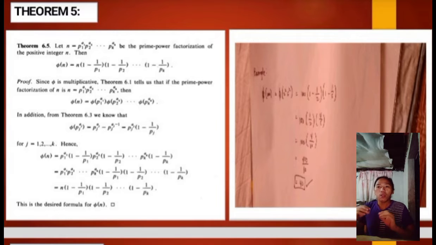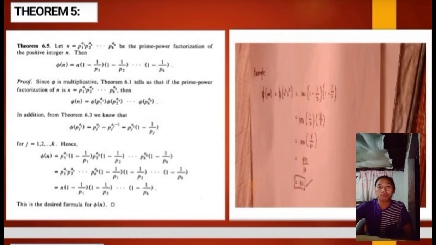And we also apply theorem 3, which says that phi of p sub j raised to a sub j is equal to p sub j raised to a sub j minus p sub j raised to a sub j minus 1, which is equal to p sub j raised to a sub j times (1 minus 1 over p sub j), for j equals 1, 2, dot, dot, dot, and k.